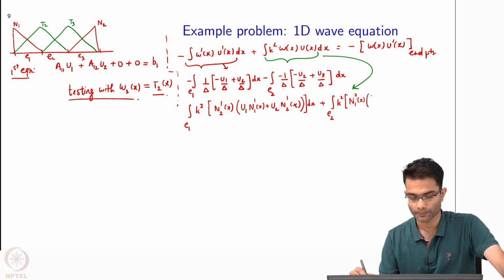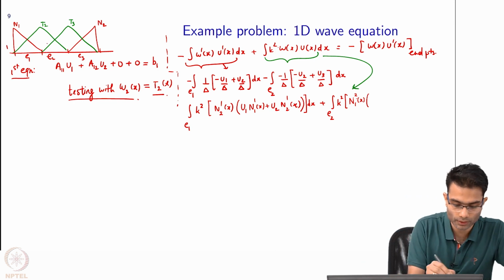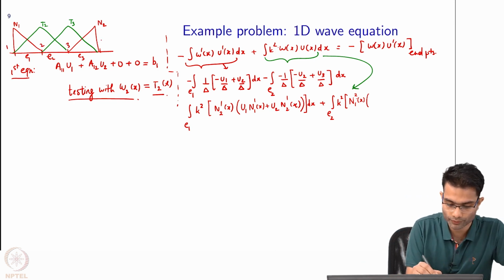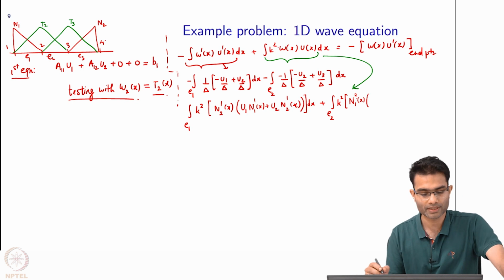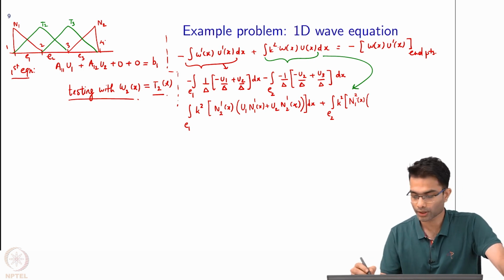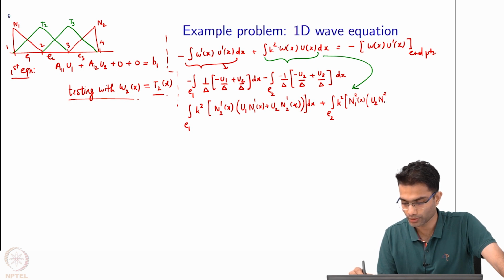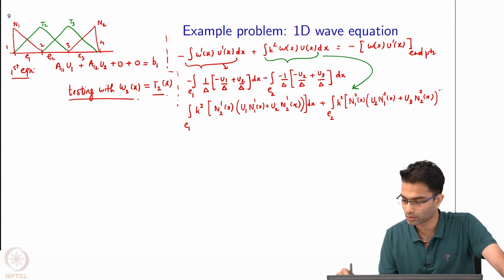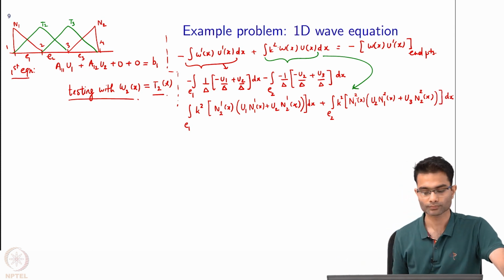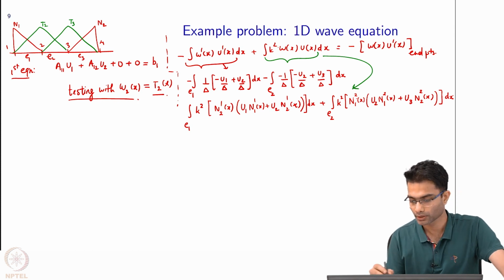So now I am in segment E2. So what are the two things that will come? U2 N element 2 left one plus U3 element 2 right one. This is the second term, okay.